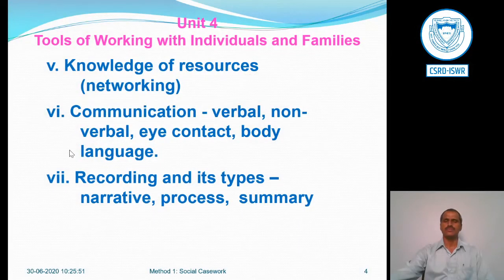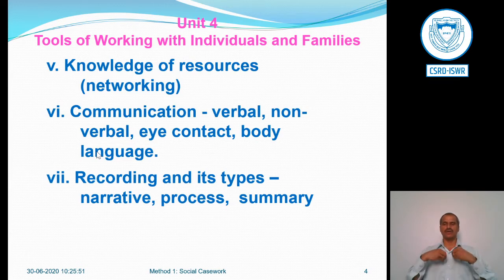Now, the next tool is communication. This communication tool is very important. In communication, it is very much related to the relationship tool. In communication, there are mainly 4 types of communication. Primarily, verbal communication. Verbal communication is the verbal exchanges.